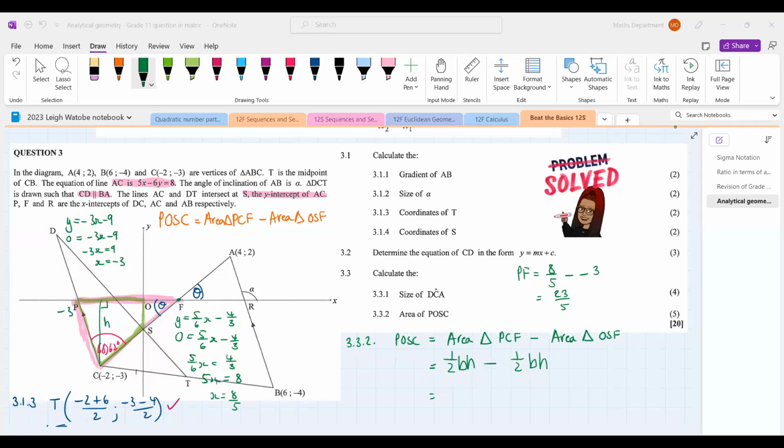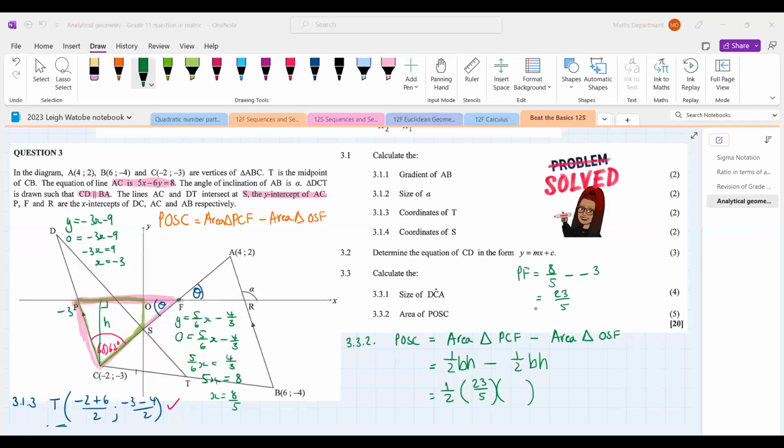Okay, so now half my base, my line PF, is 23/5 units long. And now I can work out the height.